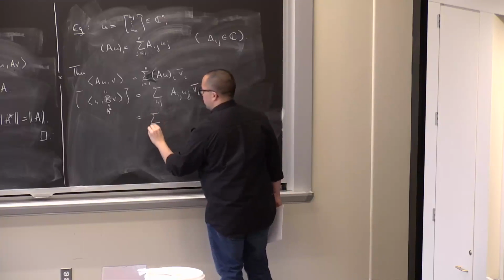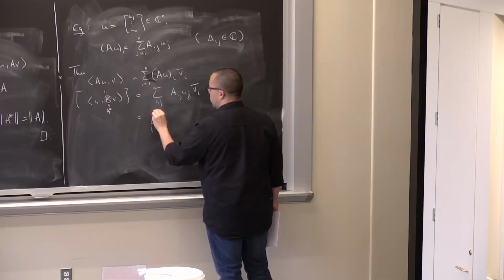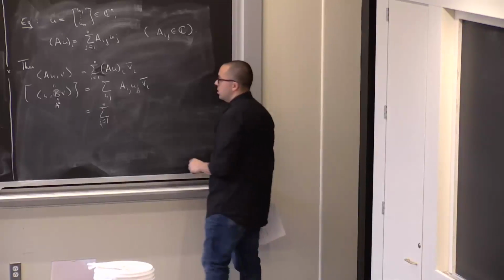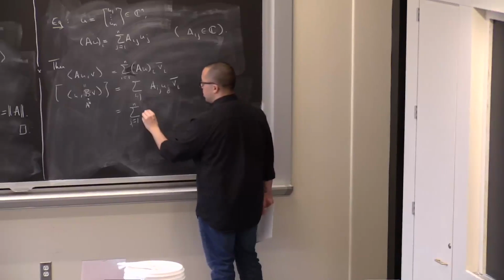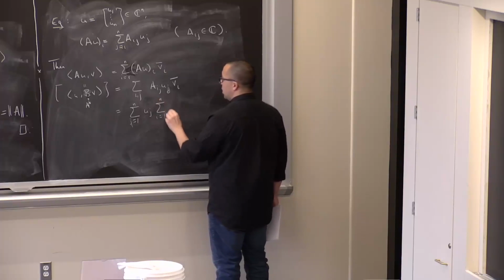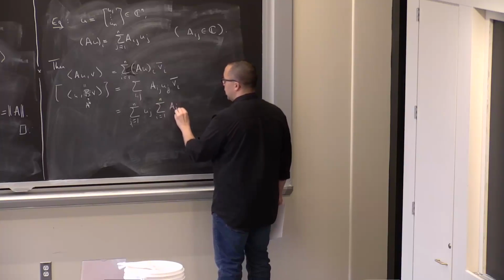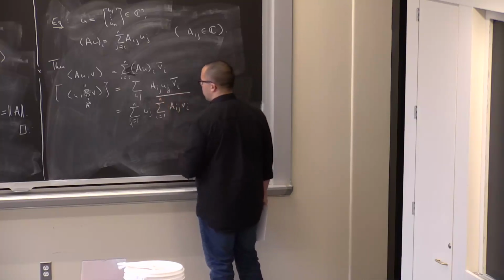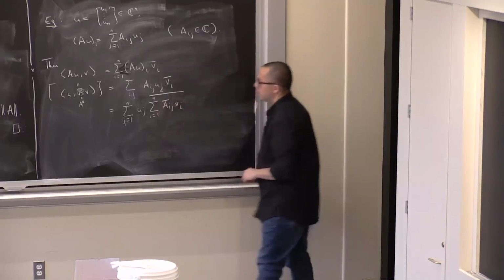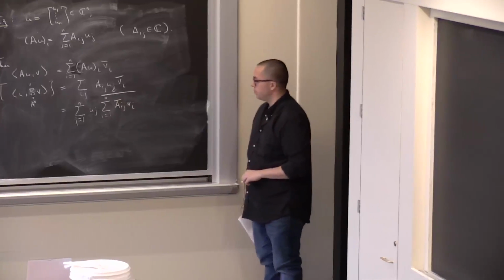And if I now switch this over and sum first with respect to j and then with respect to i, I can write this as the sum of U_j times the sum over i from 1 to n of A_ij V_i complex conjugate.